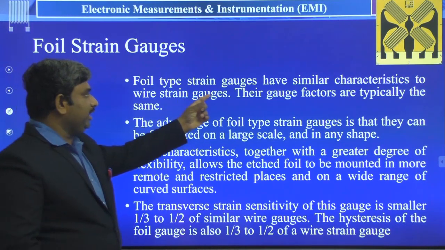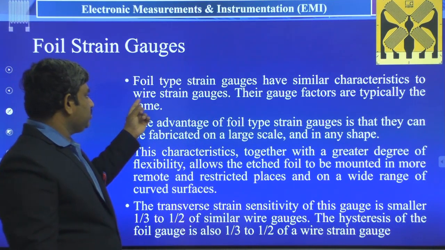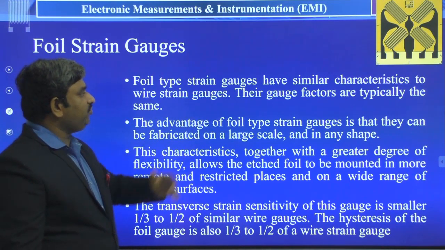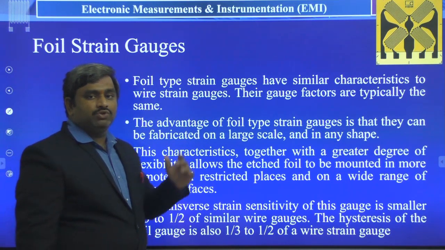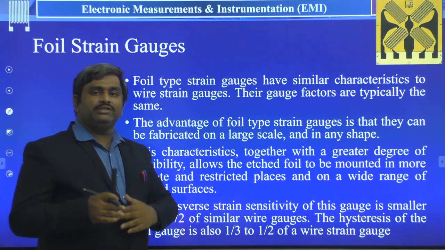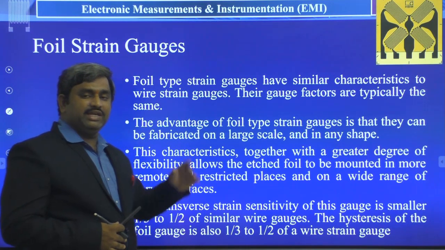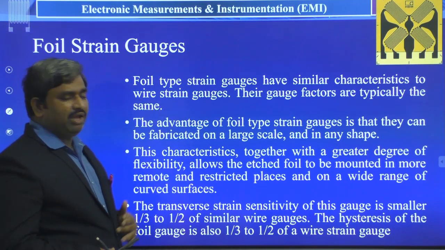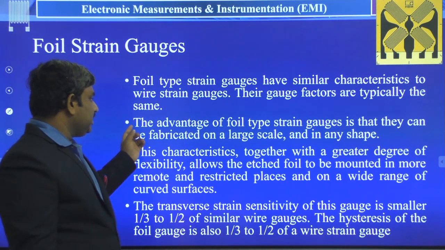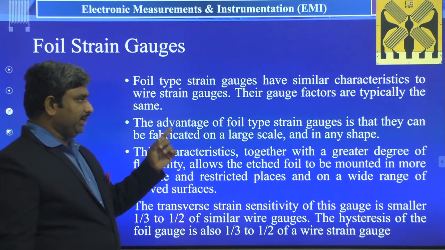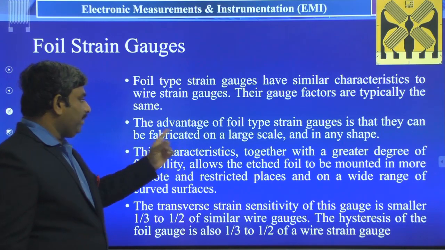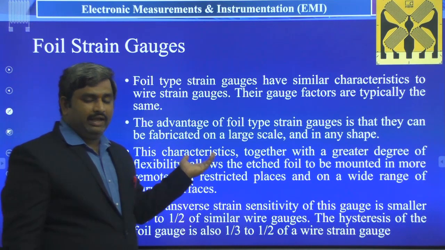Now, foil type strain gauges have similar characteristics to wire strain gauges. Their gauge factors are typically the same. Whatever gauge factor the wire strain gauges have, the same gauge factor parameters are also available in foil type strain gauges. The advantage of foil type strain gauges is that they can be fabricated on a large scale and in any shape.